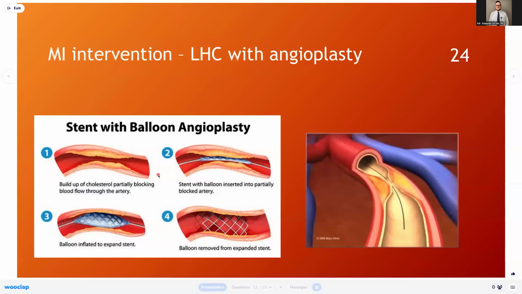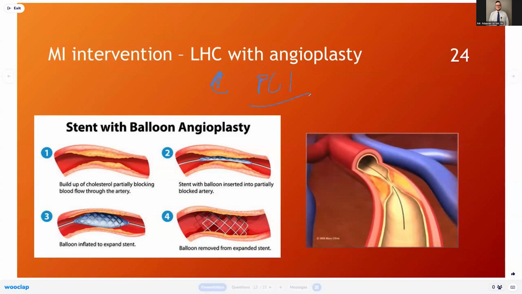So, myocardial infarction intervention. Typically, you would refer to this predominantly when we talk about intervention. We're talking about going to the cath lab. We're going to get a catheterization. A lot of times, they're referring to PCI.